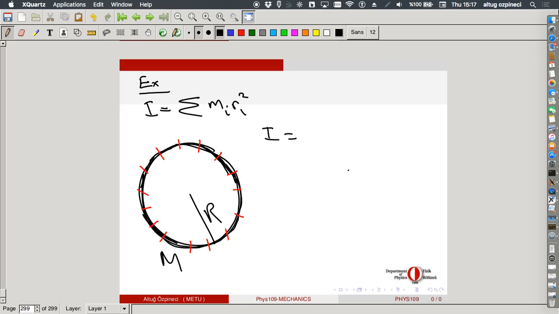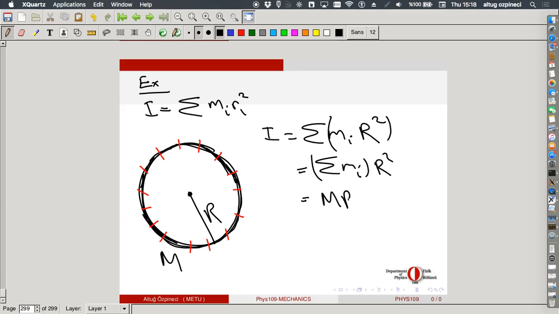And then the moment of inertia is just the mass of one of the segments times Ri squared. The distance of all of these segments from the origin is the same. It's a ring, so all of these Ri are equal to R, and this is equal to mi R squared. This is m times R squared.